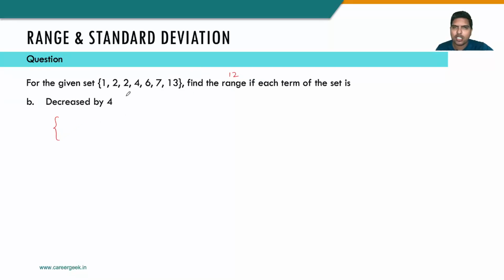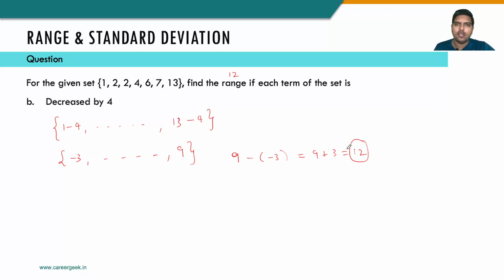If I decrease each number by 4, I won't take the middle ones because the end ones are important. So the minimum value is going to be -3 and the maximum value is going to be 9. And what is the range? Maximum minus minimum. As discussed, the range for addition and subtraction is not going to change, unlike mean, median, mode.